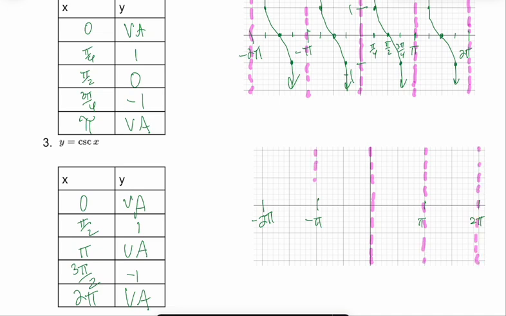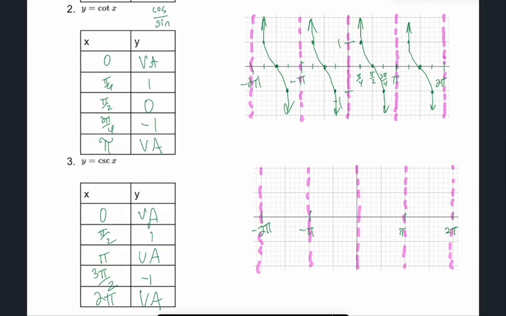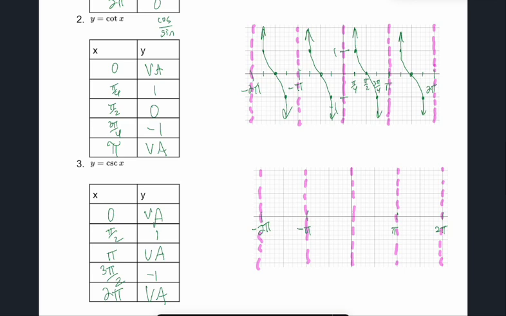So then we also have them equally spaced. So a cotangent and a cosecant have vertical asymptotes at the exact same location. A secant and a tangent have vertical asymptotes in the same exact location.